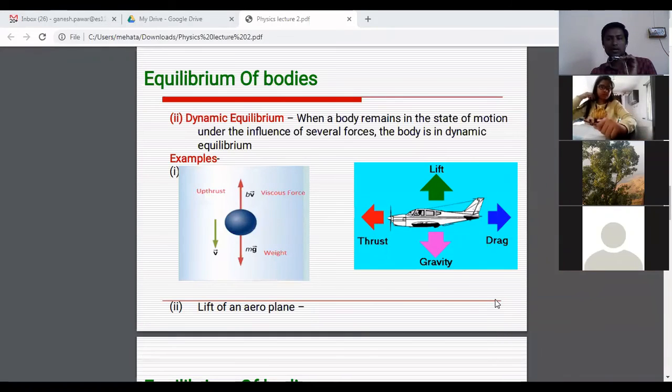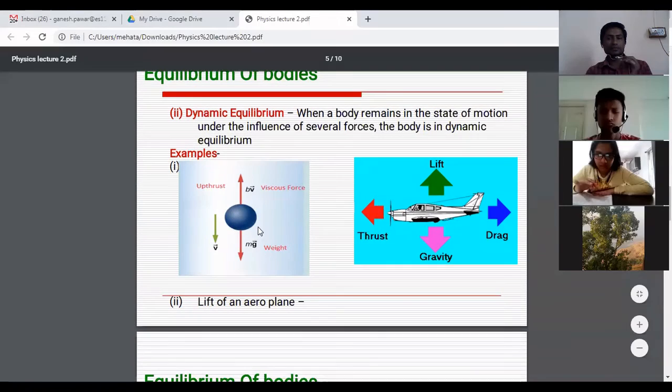Can you explain the concept of dynamic equilibrium with the help of this raindrop?